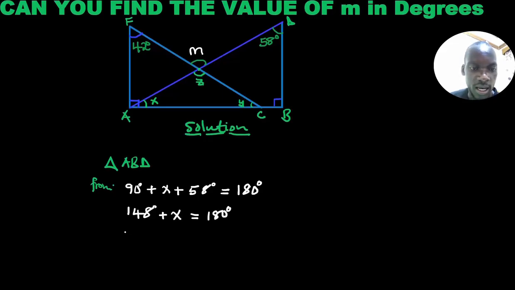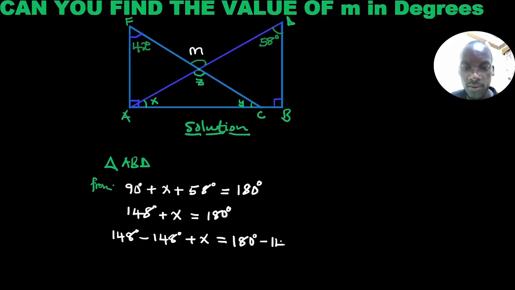I can make X the subject by taking this 148 degrees to the right hand side. So I have 148 degrees minus 148 degrees plus the X we are looking for equal to 180 degrees minus 148 degrees. On the left hand side we remain with X alone, equal to the difference.